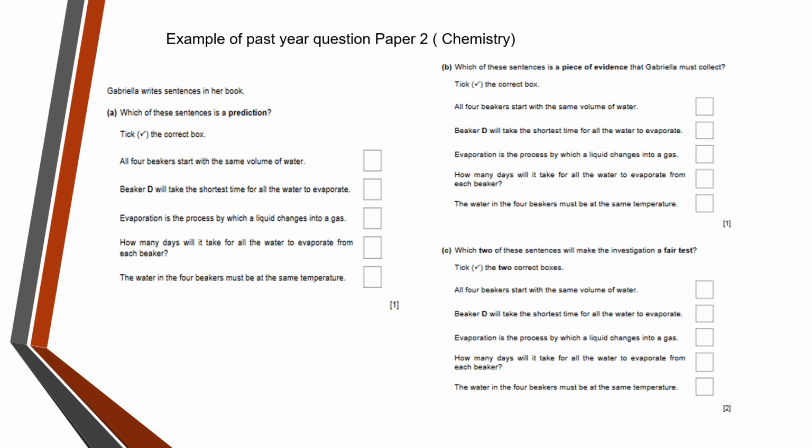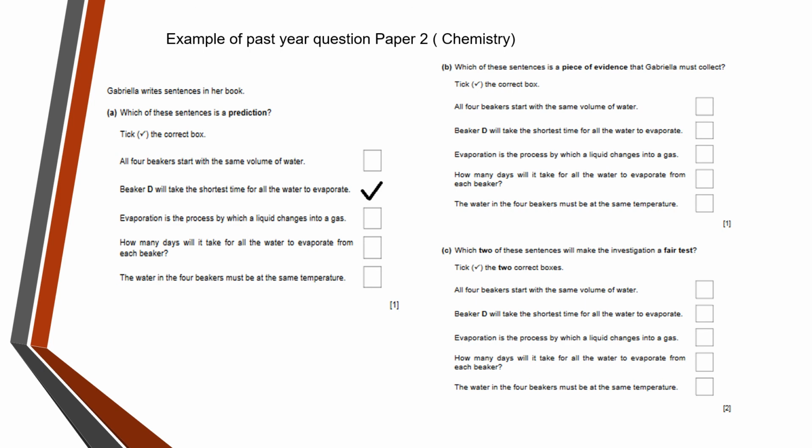Alright, now all this looks like you're doing the same thing. The last sentence here, you do the same thing for all the 4 beakers. But which one is a prediction? Even though the statements are correct, we are looking for a prediction. Beaker D will take the shortest time for all the water to evaporate. That is what Gabriella predicts.